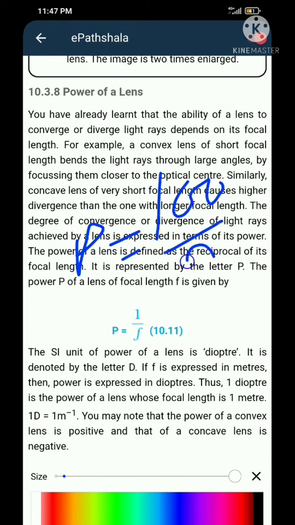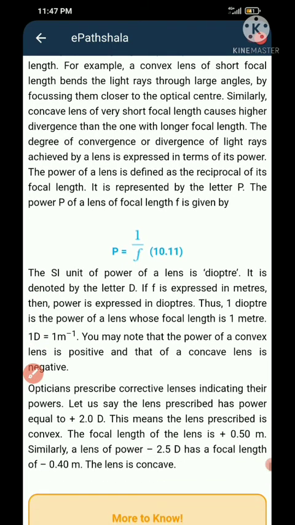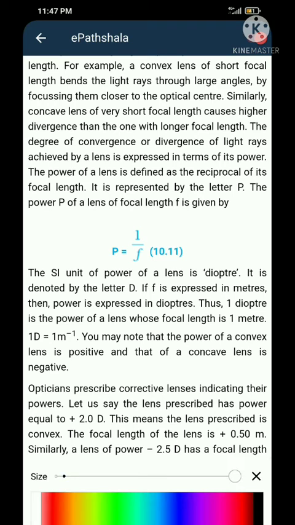Here f is taken in centimeter. What is the unit of power of the lens? That is diopter. The SI unit of power is the diopter and it is represented by capital D.